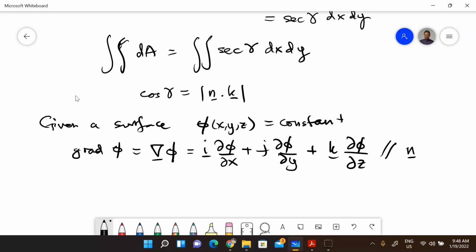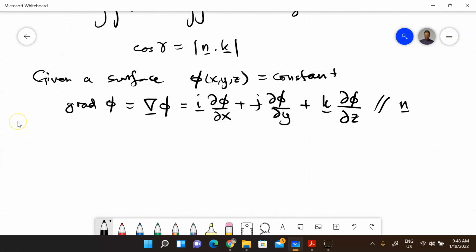Okay. So what do we have over here? Then we can write your normal to be the gradient of your phi divided by its magnitude. So you get a unit vector for n. Okay.